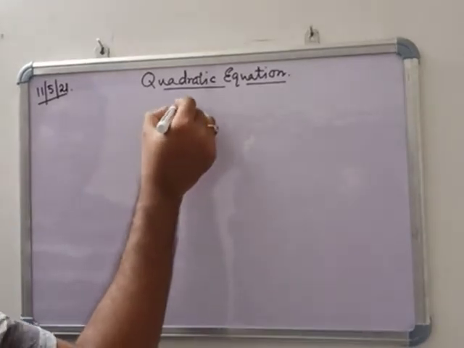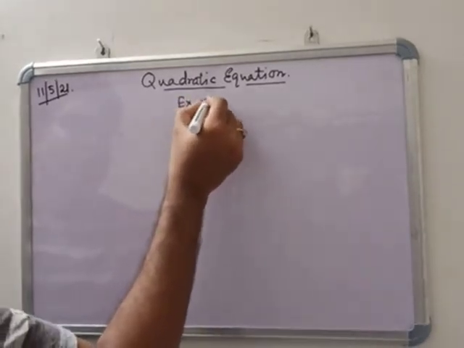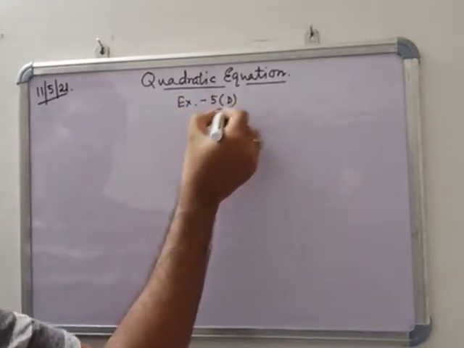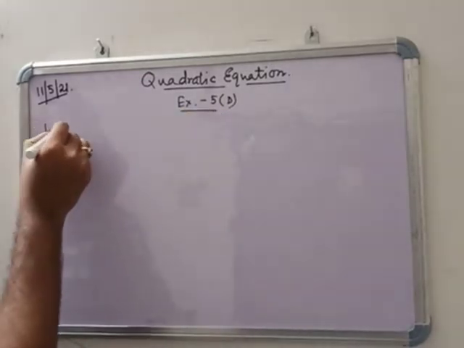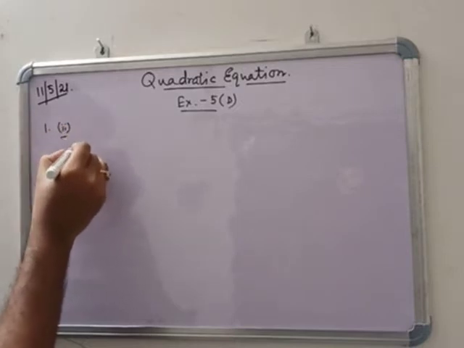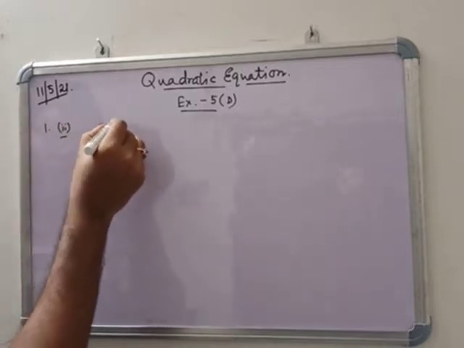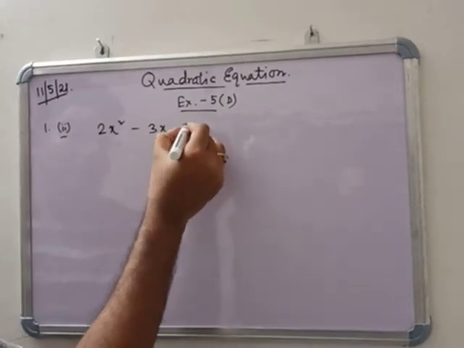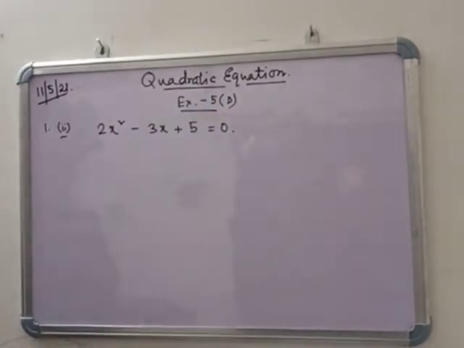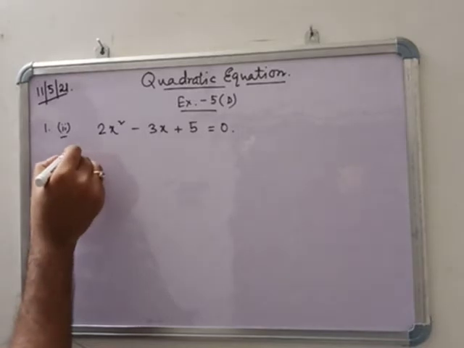Now exercise 5D. In exercise 5D, see question 1 and 2: 2x square minus 3x plus 5 equals 0.